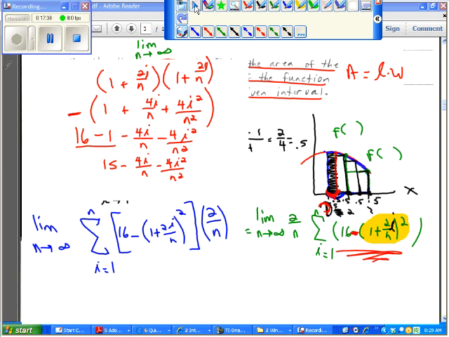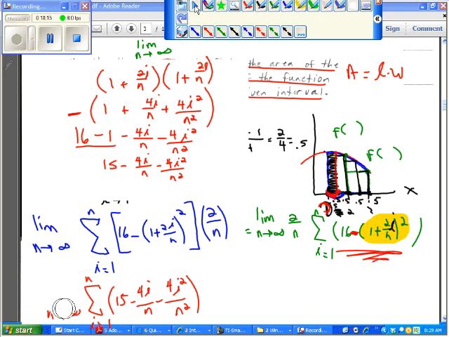So we have the limit as n approaches infinity of the summation as i runs from 1 to n of 15 minus 4i over n minus 4i squared over n squared. You've got to put your width on there, 2 over n.